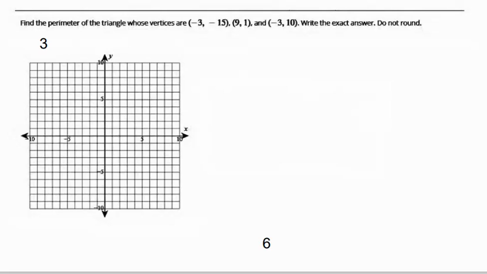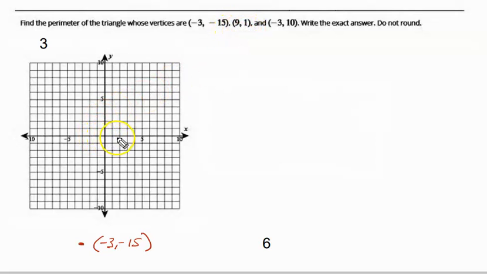So let's plot these 3 points here. So our first point is -3, -15. Now that's going to be off the graph, but that's going to be here for line 3, about there. So that's -3, -15. Now the next point is 9, 2.